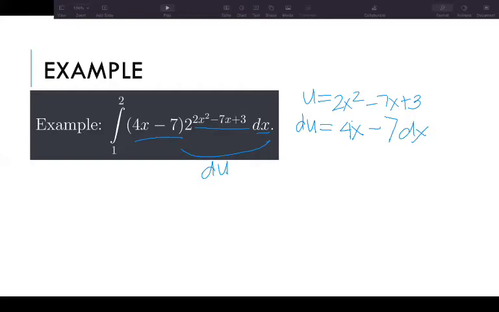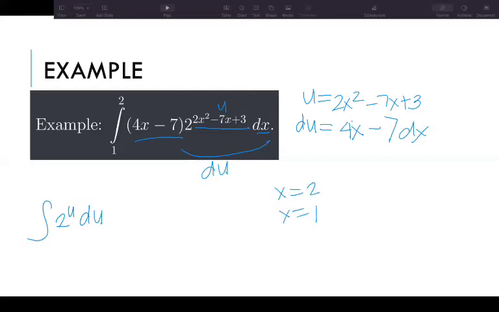And this exponent is just u. Now we have the integral of two raised to u du from x equals 1 to x equals 2.